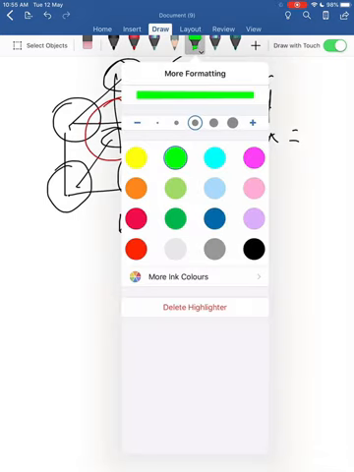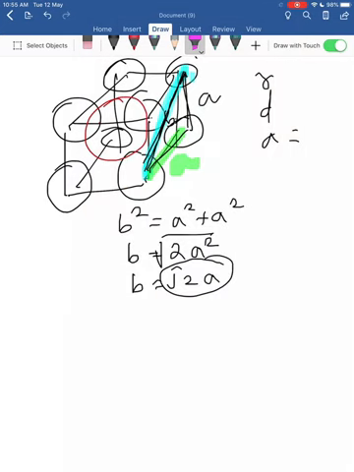Now I need to find out the distance between this sphere to that sphere going through this middle sphere. If I want to find the distance from here to there, I need to take this right angle triangle. This is the right angle triangle which I am going to take now.